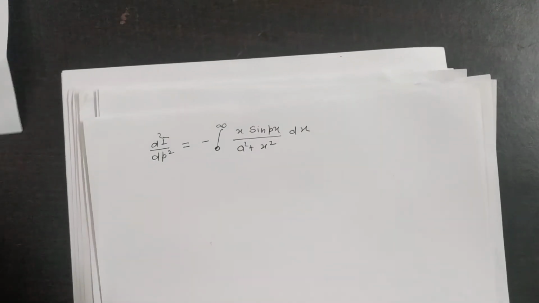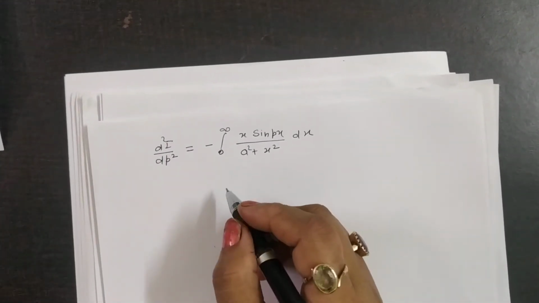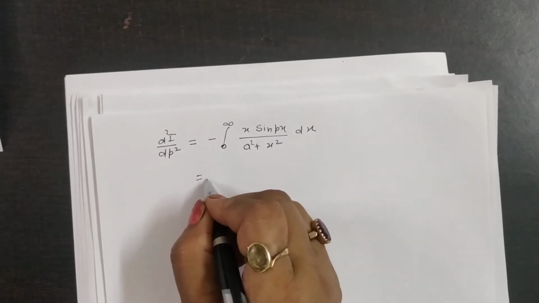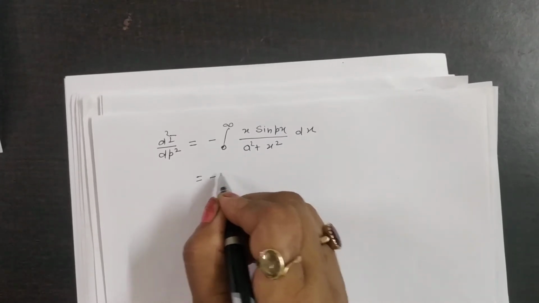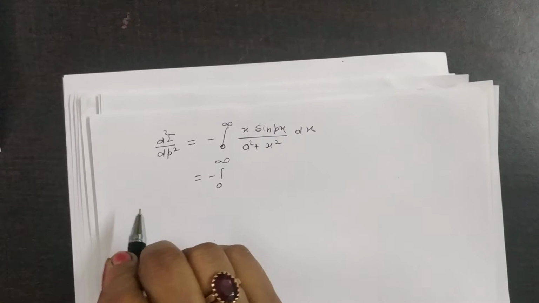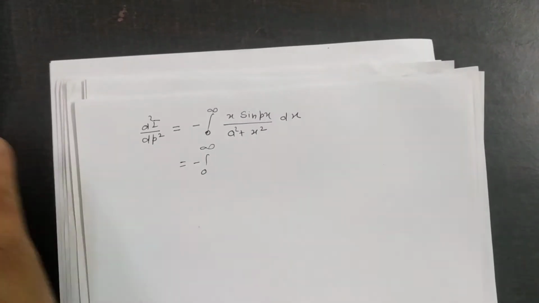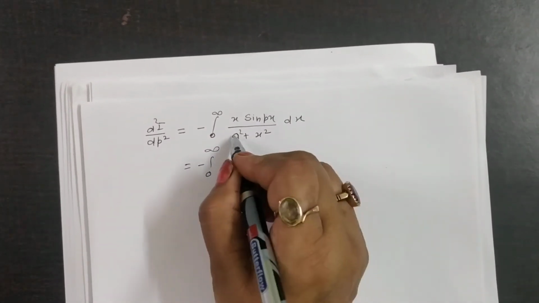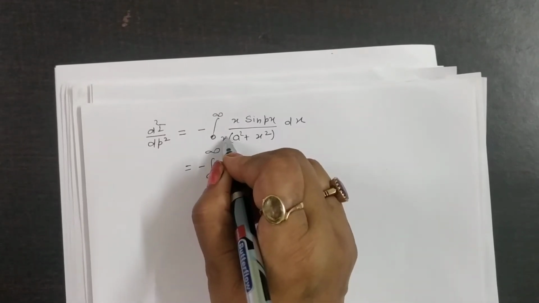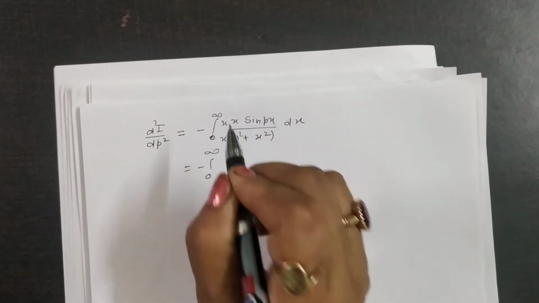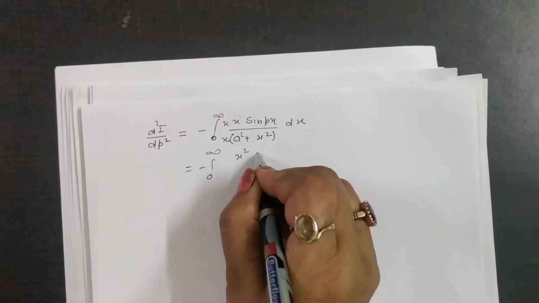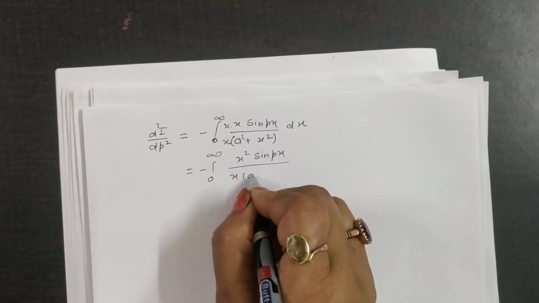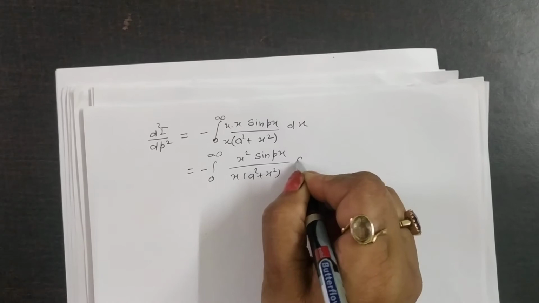Now multiplying and dividing by x, this term becomes x square sine px divided by x into a square plus x square, dx.